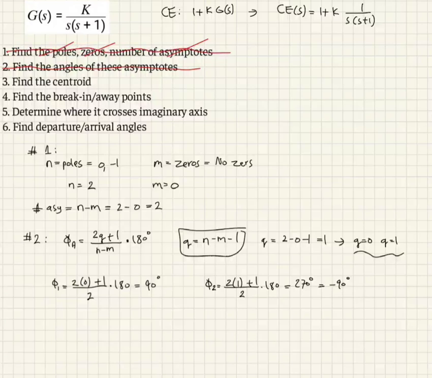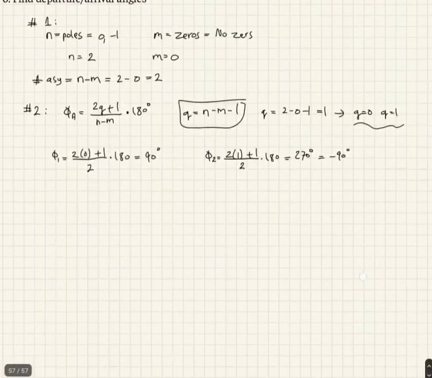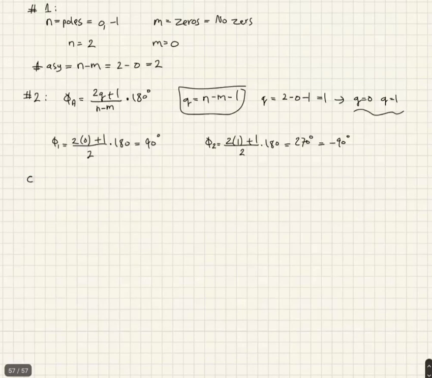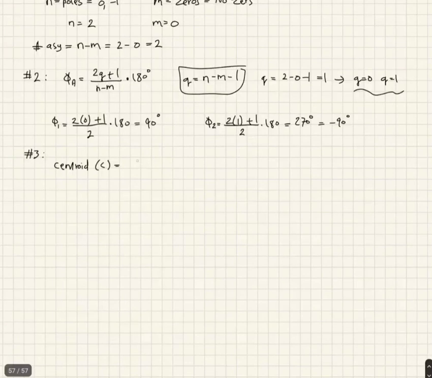First step is done, second step is done. Now we have to find the centroid. Let's call the centroid C. Step 3, centroid. C equals the sum of poles minus the sum of zeros, divided by n minus m.